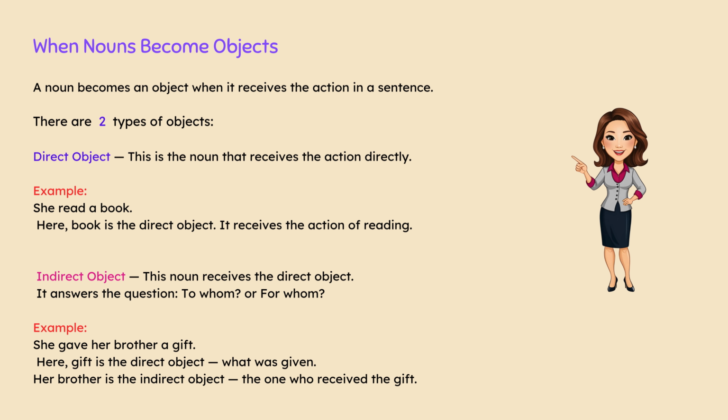It receives the action of reading. 2. Indirect object. This noun receives the direct object. It answers the question, to whom or for whom. For example, she gave her brother a gift. Here, gift is the direct object, what was given. Her brother is the indirect object, the one who received the gift.